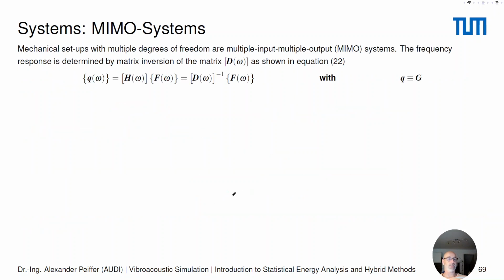So now let's extend our single input and output system to a multiple input and multiple output configuration. This is the moment when matrices and vectors come into the game, as very often shown before. Just imagine that you have a force, as was shown in the multiple mass system in the sections before, and you have a matrix of transfer functions providing all the displacement responses due to this force excitation.